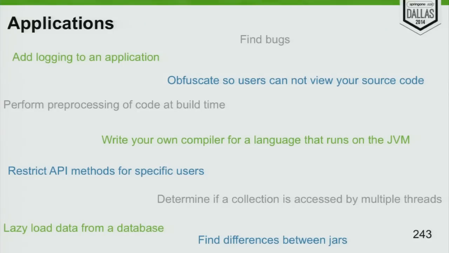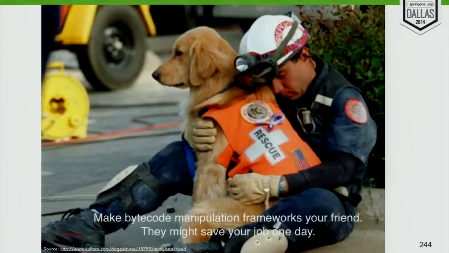You can do things like perform code analysis and see if multiple threads are accessing a collection. You can lazy load data from the database. You can find differences between jars by inspecting them. And so I encourage you to make bytecode manipulation frameworks your friend. Someday they might save your job.